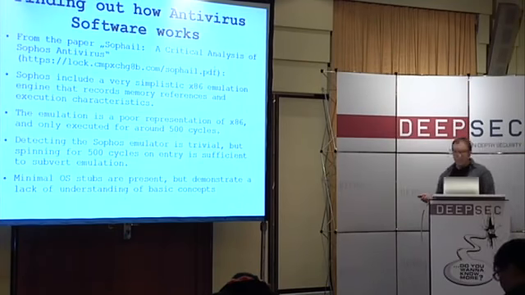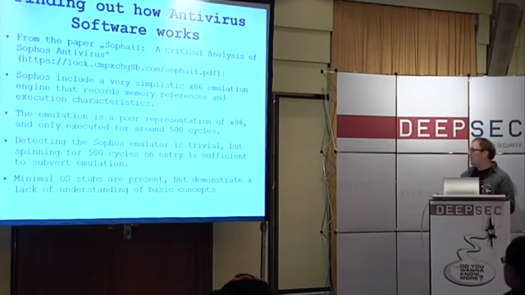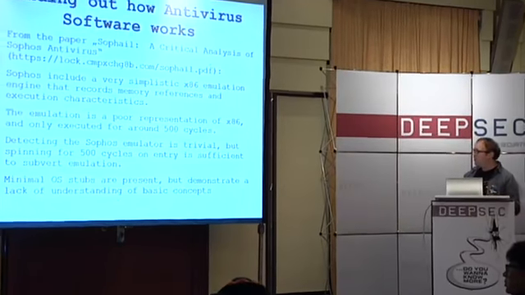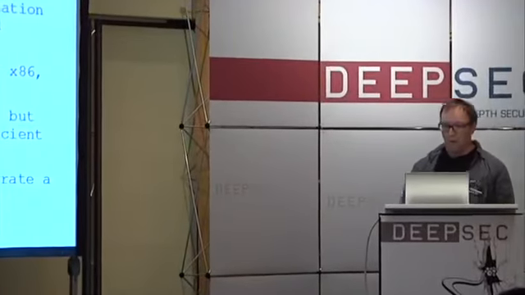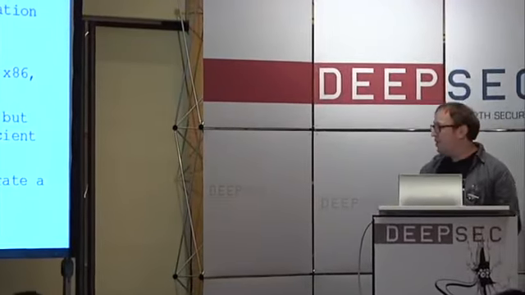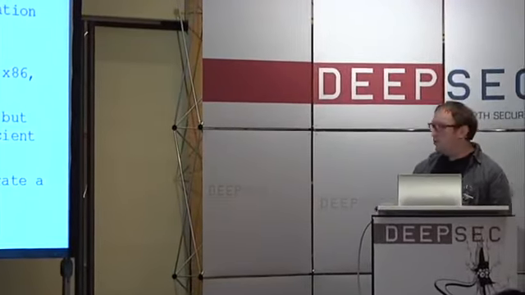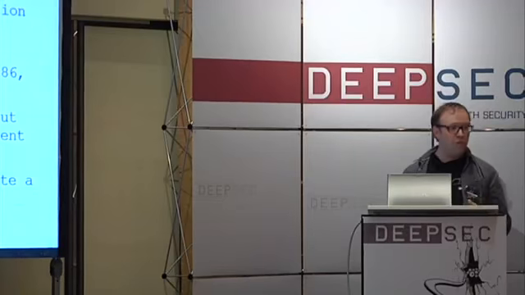And of course, the emulation is pretty limited when you have only 500 cycles. This is pretty clear, and of course you have to implement it the right way. So why only a few hundred or a few thousand cycles? This is just because the user wants to use the program.